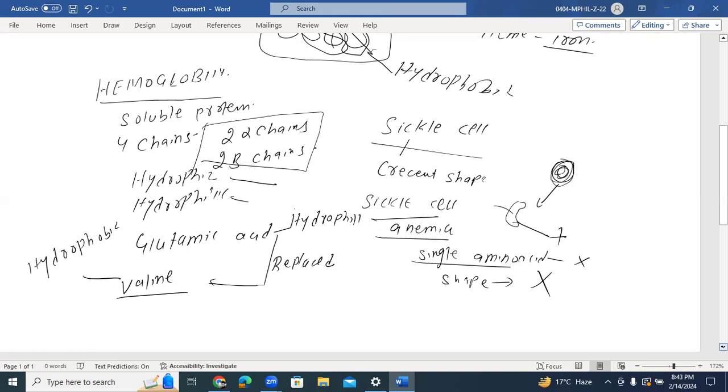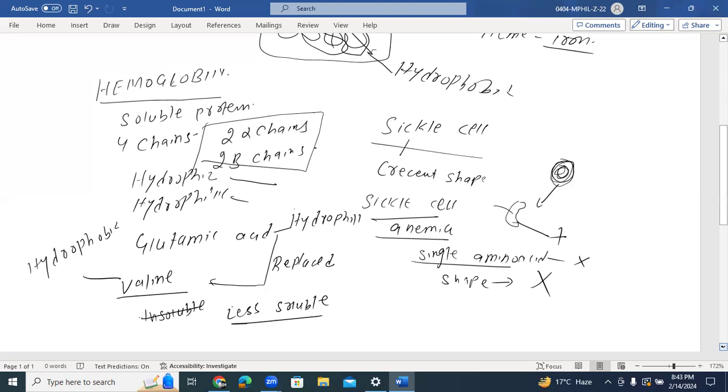It is a single mutation. We call it a point mutation. So it will change the shape of the hemoglobin, and that will make it less soluble, or I should not say insoluble, I should say less soluble. Got it? So this is how sickle cell anemia is caused.